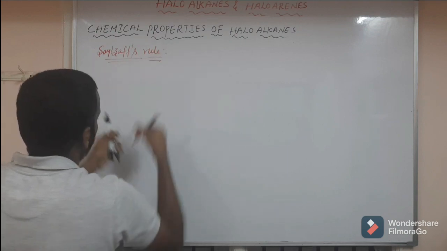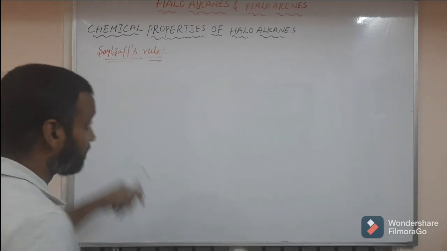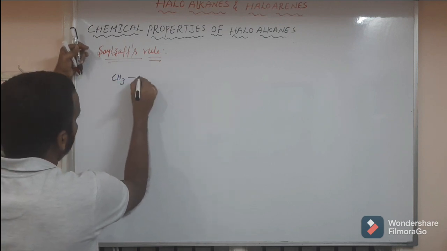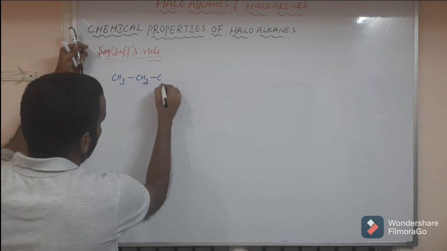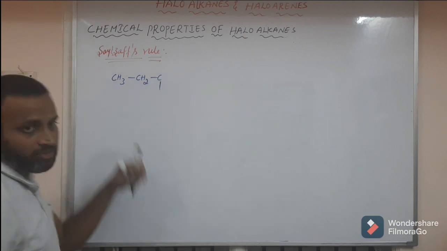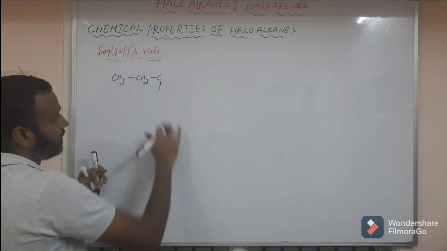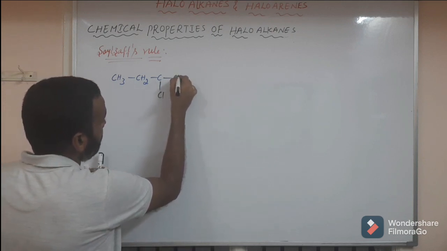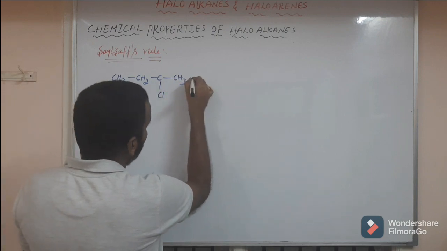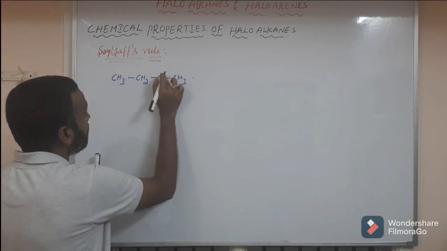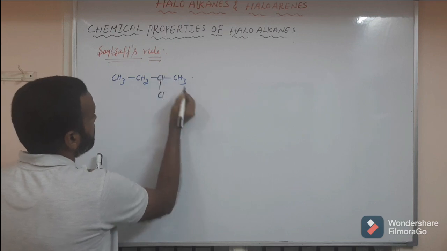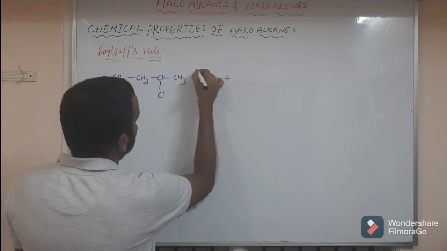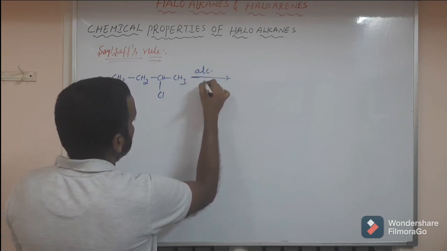In this Saytzeff rule, you have to remember one thing, that removal of the particular halogen or negative species, removal of beta hydrogen should happen from the beta carbon which has fewer hydrogens. And when I am using this alcoholic KOH.